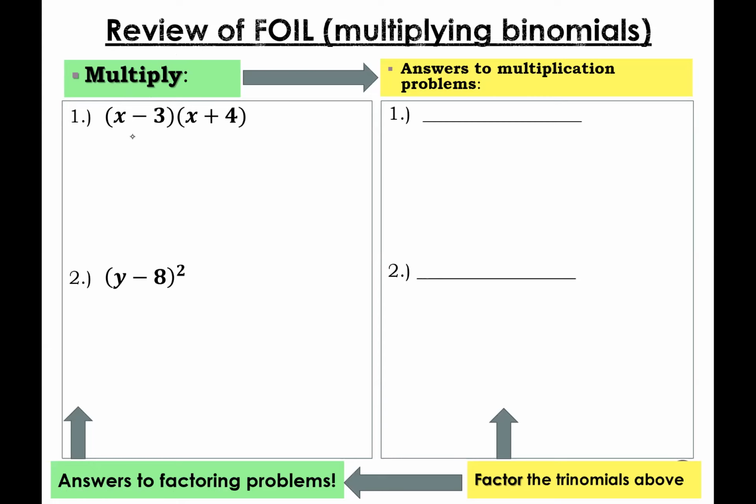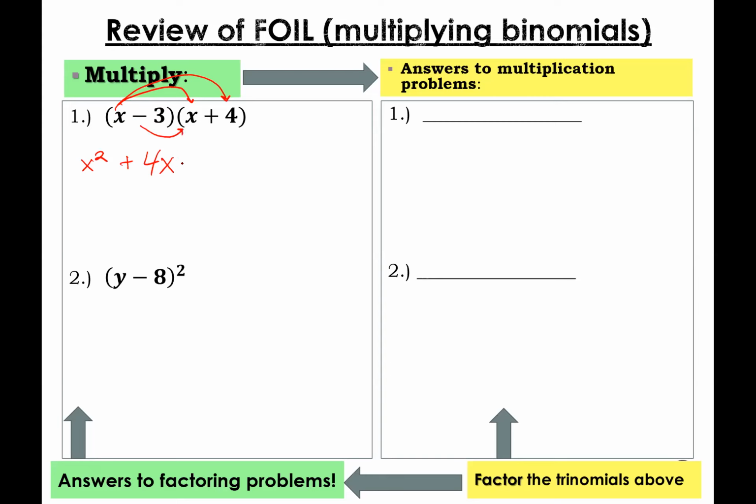We just did that for our previous two examples, but we'll do it again. x minus 3 times x plus 4. Go ahead and distribute those, nothing new here, just some practice. x times x is x squared. x times 4 is 4x. Now there's a minus sign.